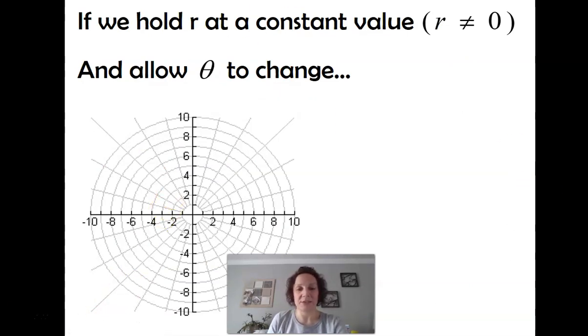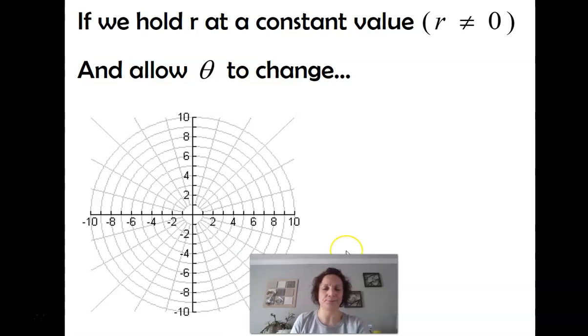Couple fun facts, just in case this pops up for you. The simplest of polars: in Cartesian, if we hold x constant and allow y to vary, that gives us a vertical line. If we hold y constant and allow x to vary, that gives us a horizontal line. We can think about the same thing in polars.